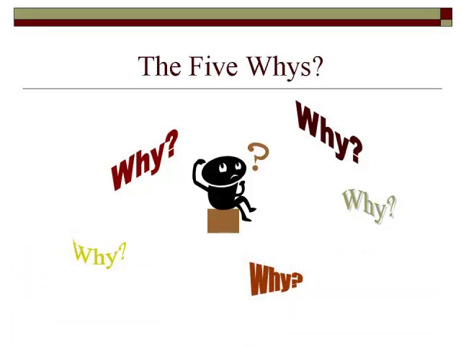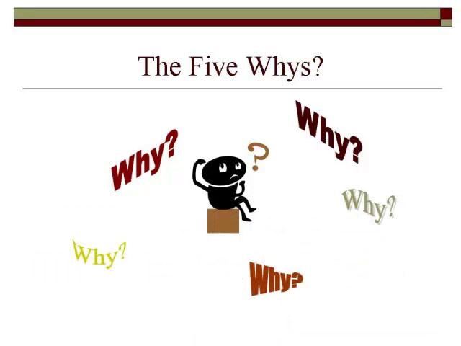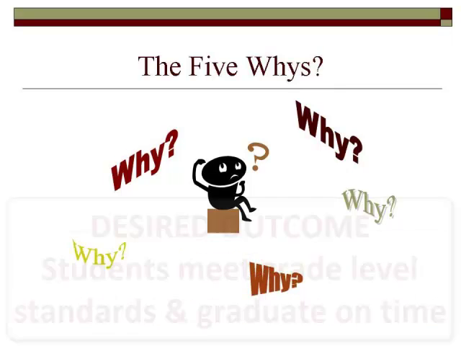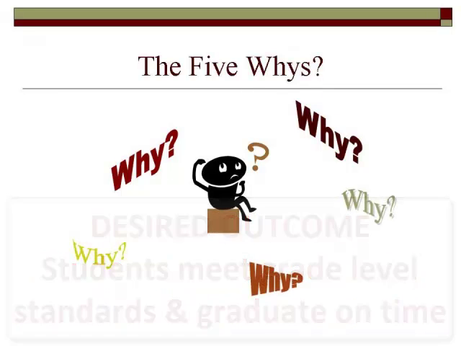You might say because students are less likely to graduate on time, the system goal, if they do not meet grade level standards. So by asking why 4 times, we were able to determine the true need was that 30% of students at the school did not meet grade level standards, and the desired outcome was that students meet these standards in order to make it more likely that they would graduate on time, our long-term goal.